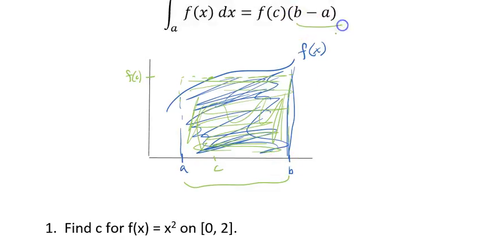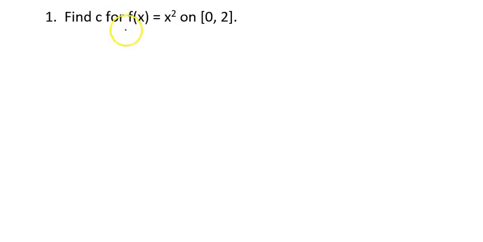So that's just like the base of the rectangle. And then the f of c is the height of the rectangle. So they're saying the area under the curve is the same as the area of this rectangle if you choose the right C.